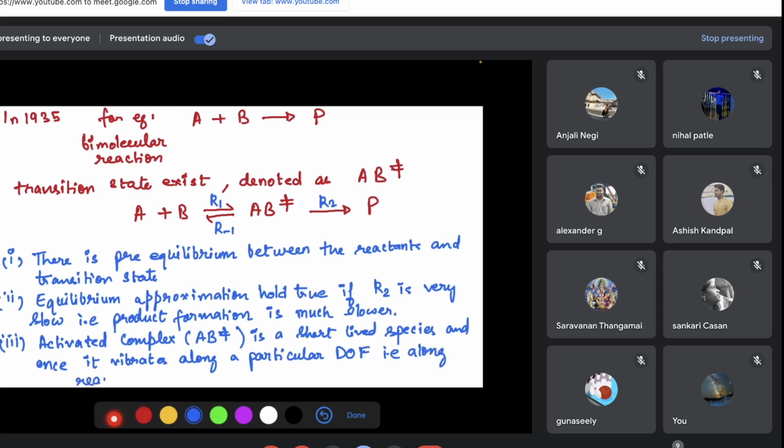The reaction coordinate, along which it will give me product or completes the reaction. Now the question is, what do I mean by the vibration of AB‡? Like what do we understand by the vibration of our transition species or activated complex?